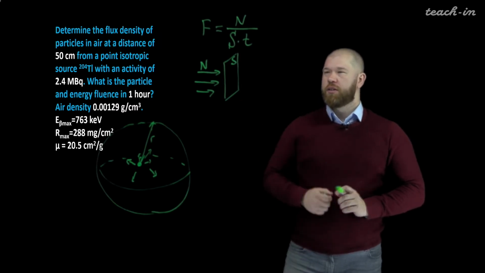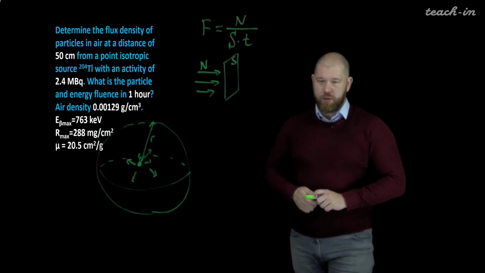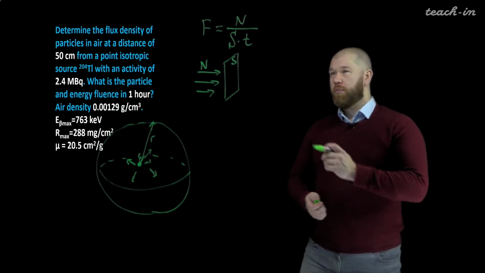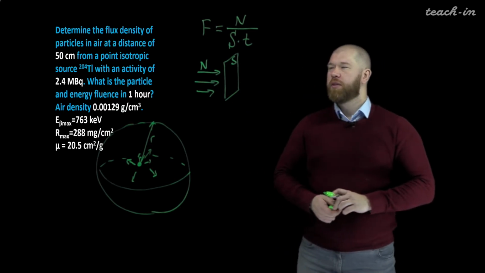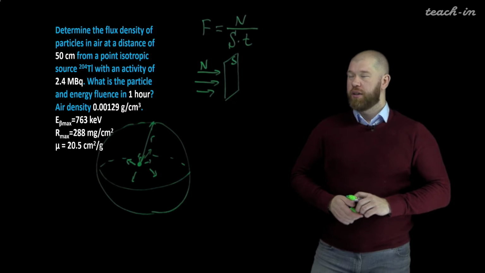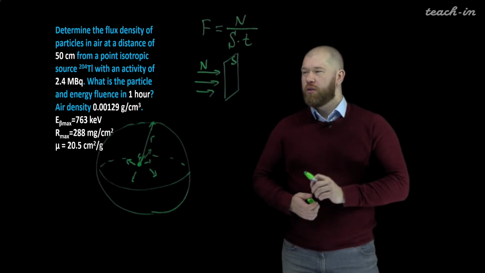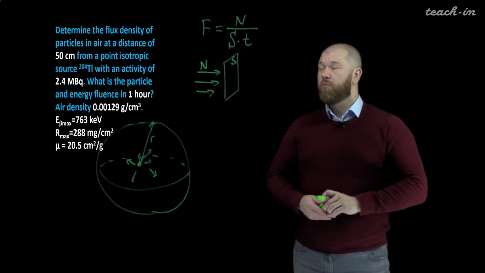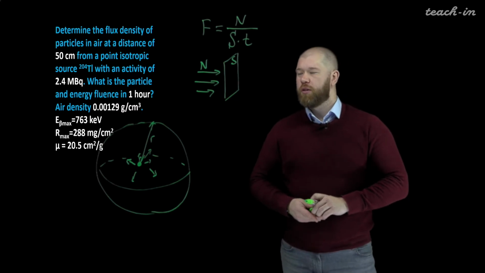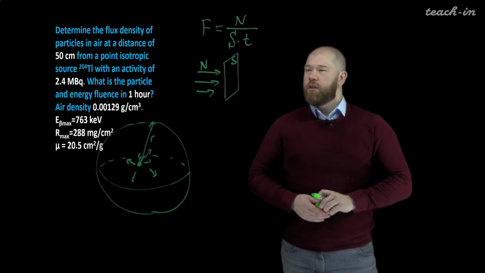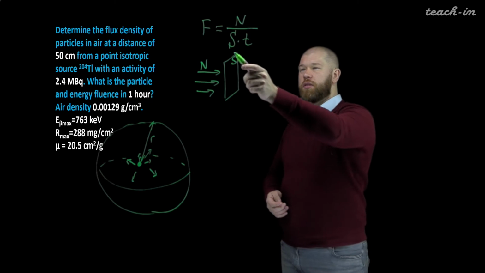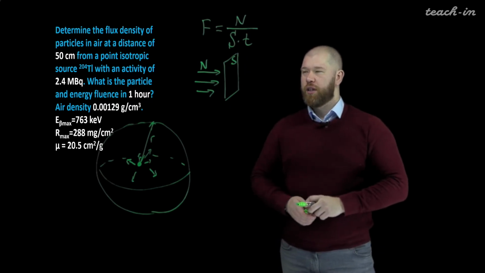Now, when we look at this equation, we see that we need the number of particles that are emitted. We know the activity, but it will not be equal to our number of particles, and we will see why it is so. And also, we will need some surface area.